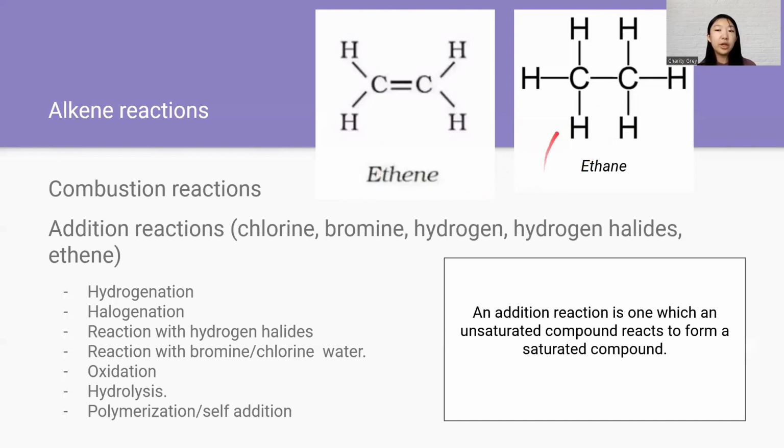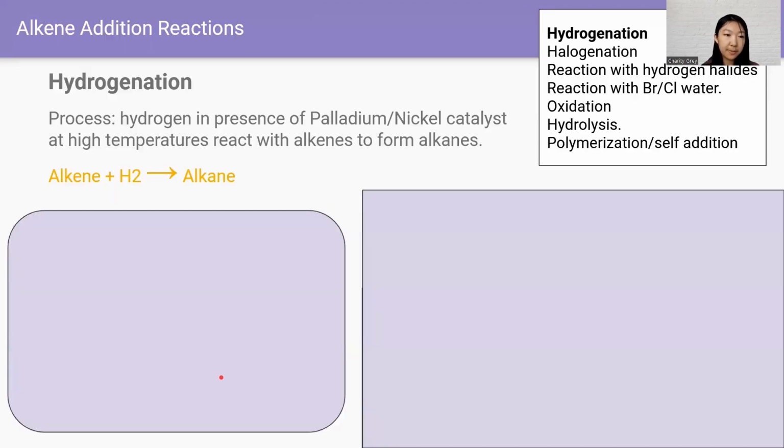If you turn it into ethane, you can add hydrogen. You can add hydrogen halides. You can add another ethene to it. Adding these different types of atoms or molecules, chemists call them different reactions. So we're going to look at some of these different reactions, and these are just the reaction names.